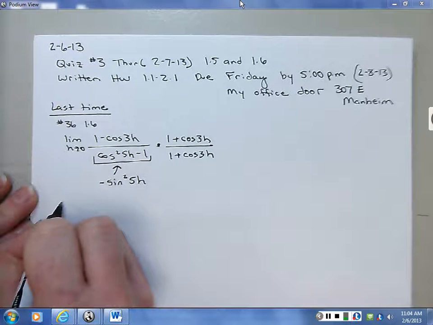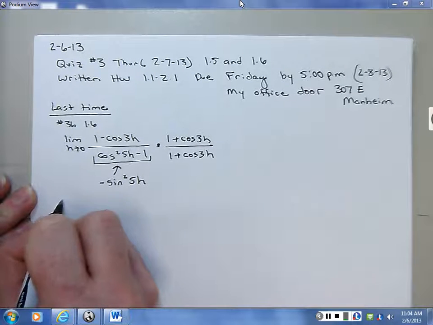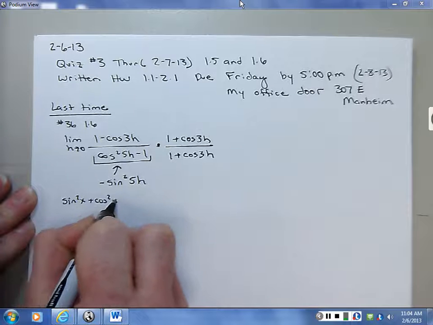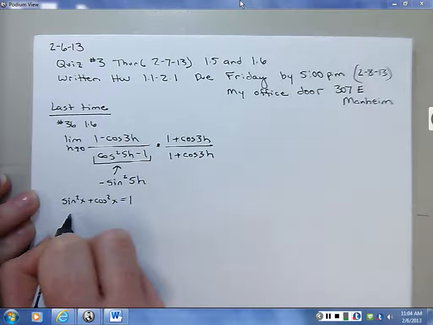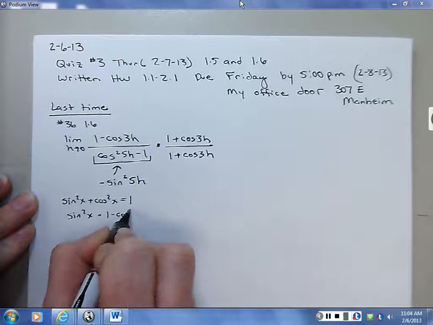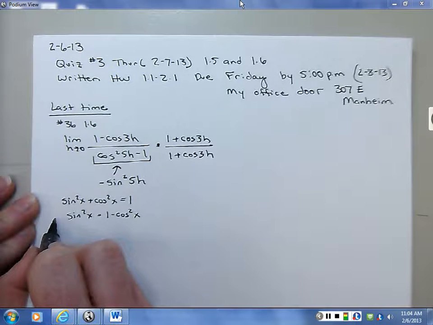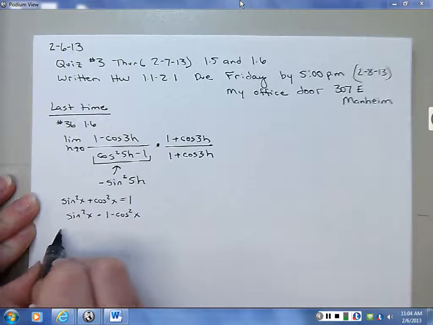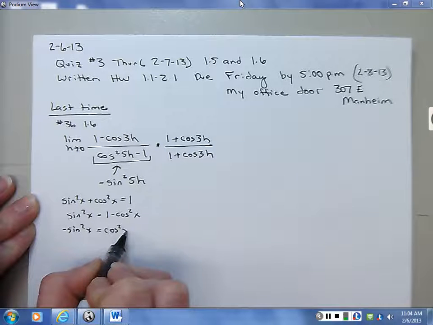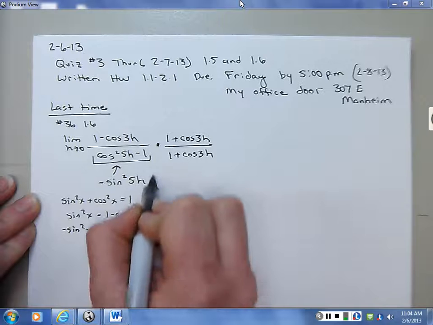So if I write sine squared x plus cosine squared x equals 1, then I have sine squared x equals 1 minus cosine squared x. So if I multiply both sides by -1, I get minus sine squared x equals cosine squared x minus 1, which is what I have there. So I can rewrite that.